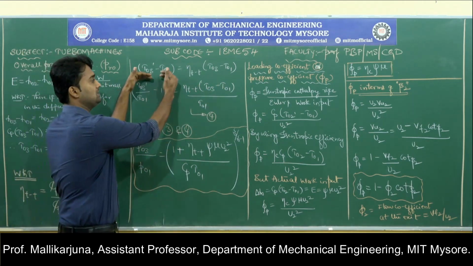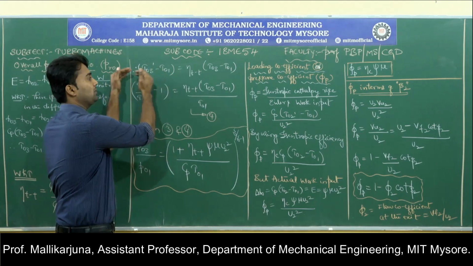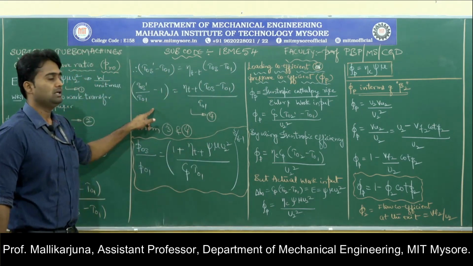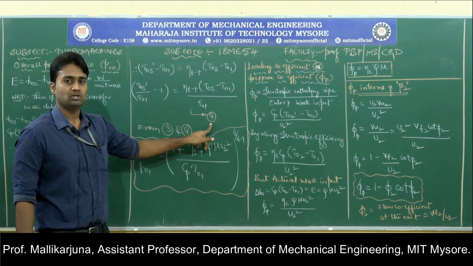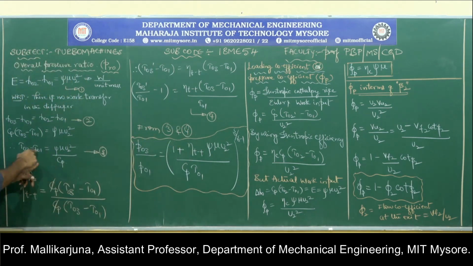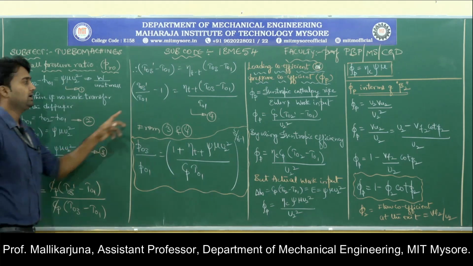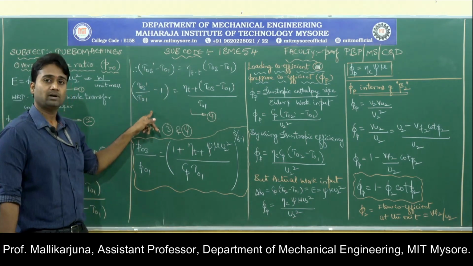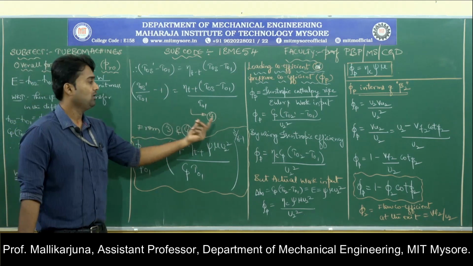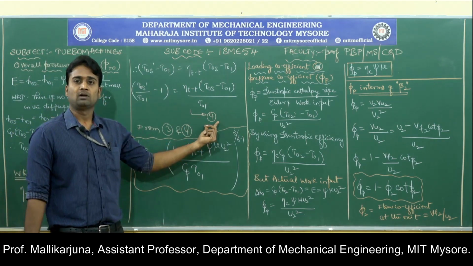What I have actually done is taken T01 common, or you can divide the entire equation by T01. I will call that equation number 4. I have T03 minus T01, which I called equation number 3, and I have T03 dash divided by T01 minus 1, which I called equation number 4.